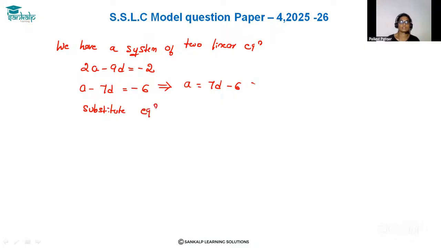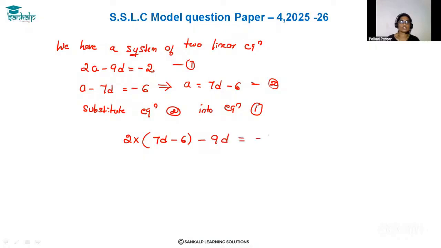Substitute A from equation 2 into equation 1. So we get 2 into (7D minus 6) minus 9D is equal to minus 2.